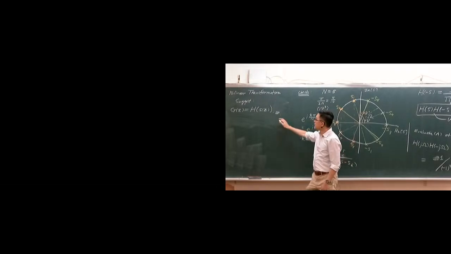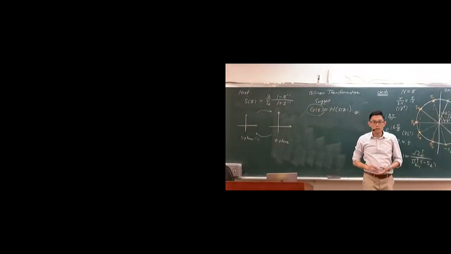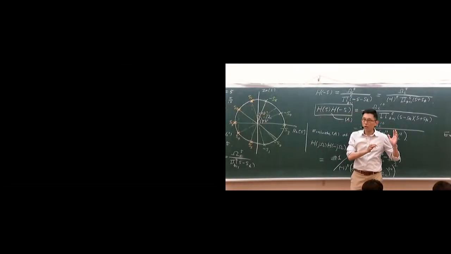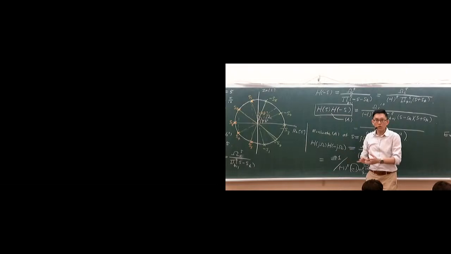This function is now a function of Z, and it defines a discrete-time system which is also low pass. We begin with an analog prototype, then we end up with a digital design, which is also a low-pass filter. So that's the idea.